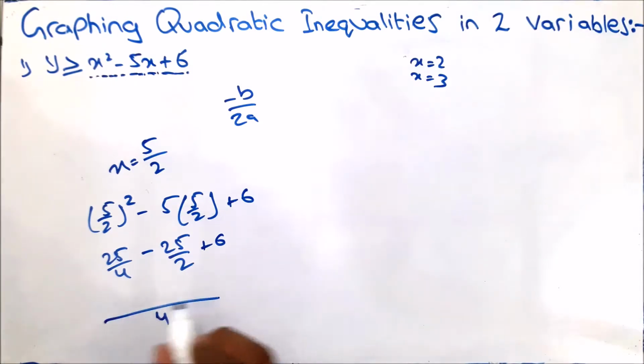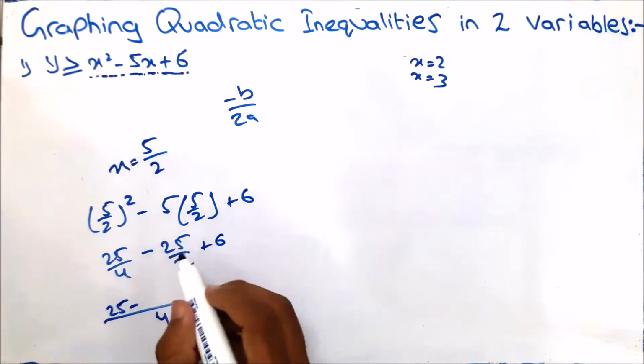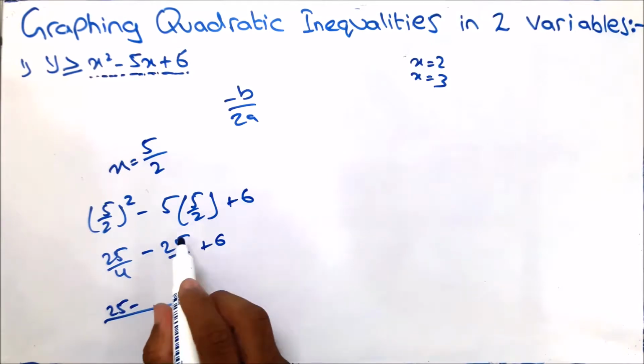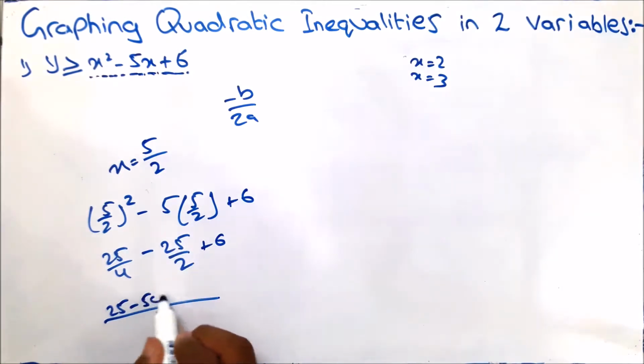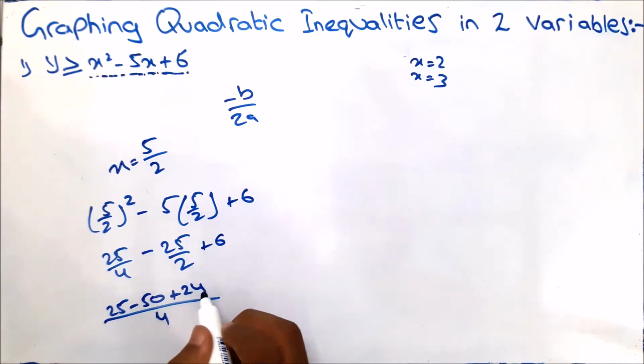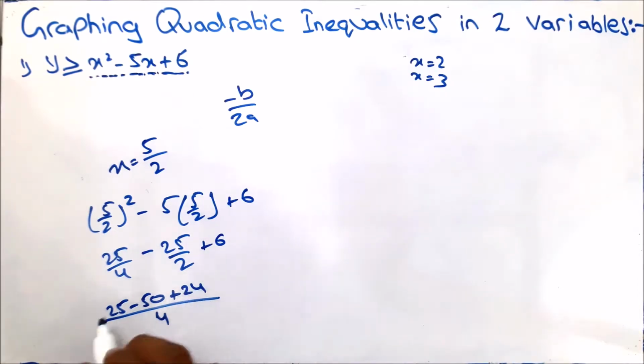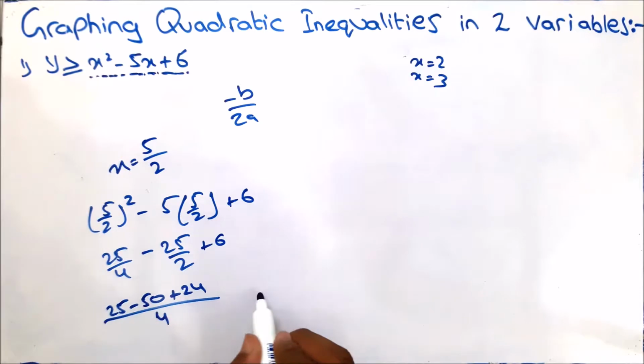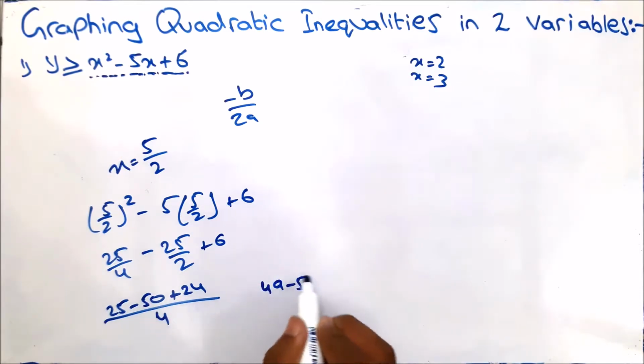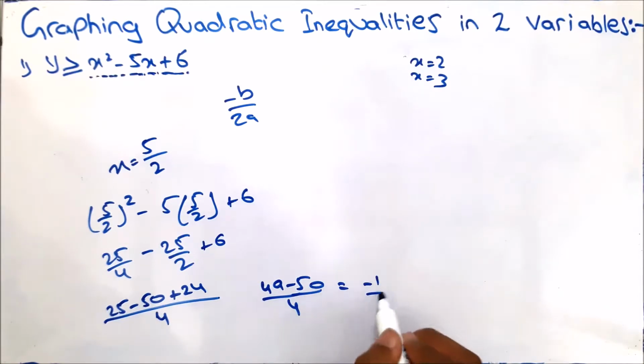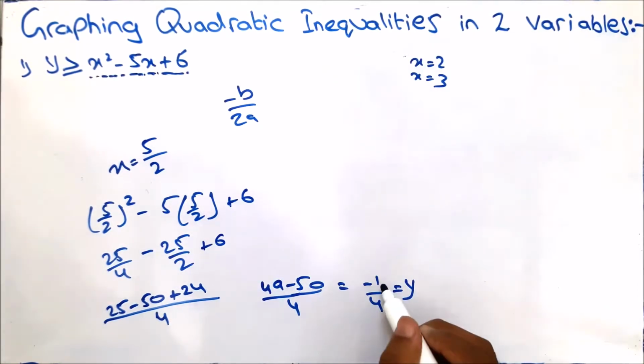I have 4 over here, and 25 minus, I'll multiply it with 2, we get 50, and plus 6 times 4 is 24. Okay, so now when we add them, we get 49 minus 50 divided by 4, and we get minus 1 upon 4. Okay, so our y value is minus 1 upon 4.